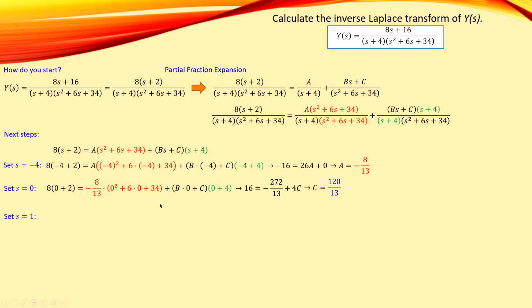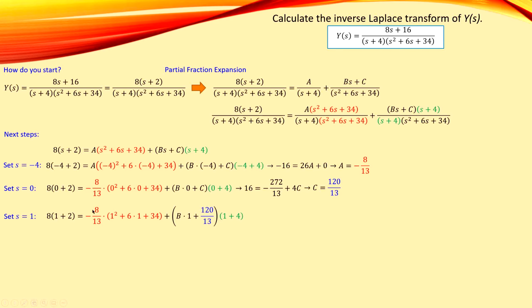So if I now set s to 1 and use the values of a and c in this equation, I get the following situation. I have substituted the value of s and inserted the values of a and c, as you can see here. Now b is the only unknown in this equation.